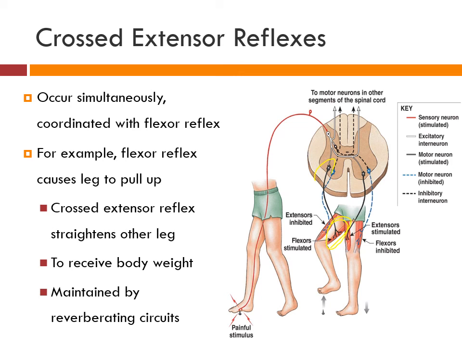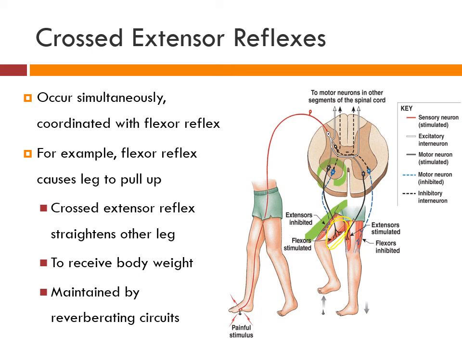Let me say that again. You stepped on a tack. The sensory nerve is going to synapse on an interneuron, and on the ipsilateral side, the interneuron is going to stimulate the flexors to pull the leg up off of the tack. And then it's also going to inhibit, in blue here, the extensors so that you're not fighting your flexors with your extensors.